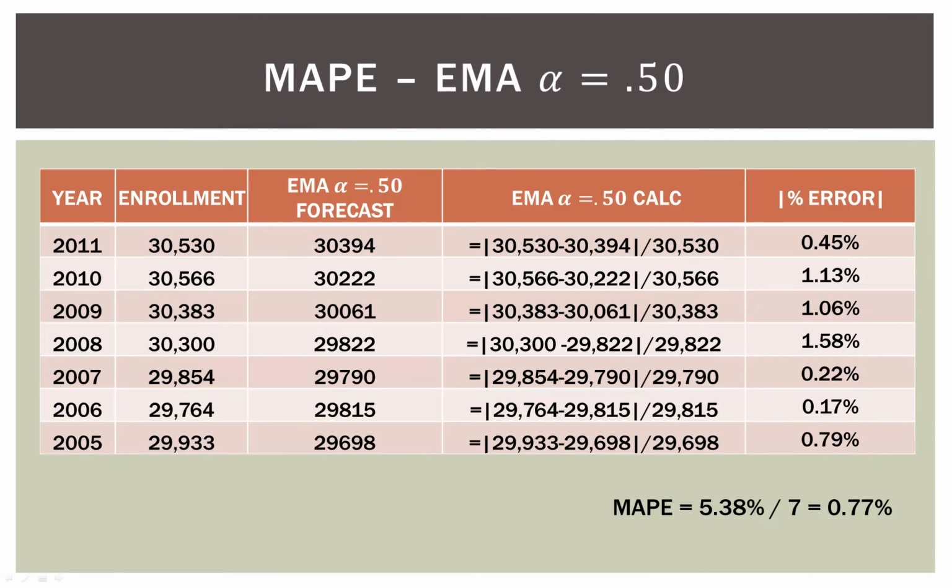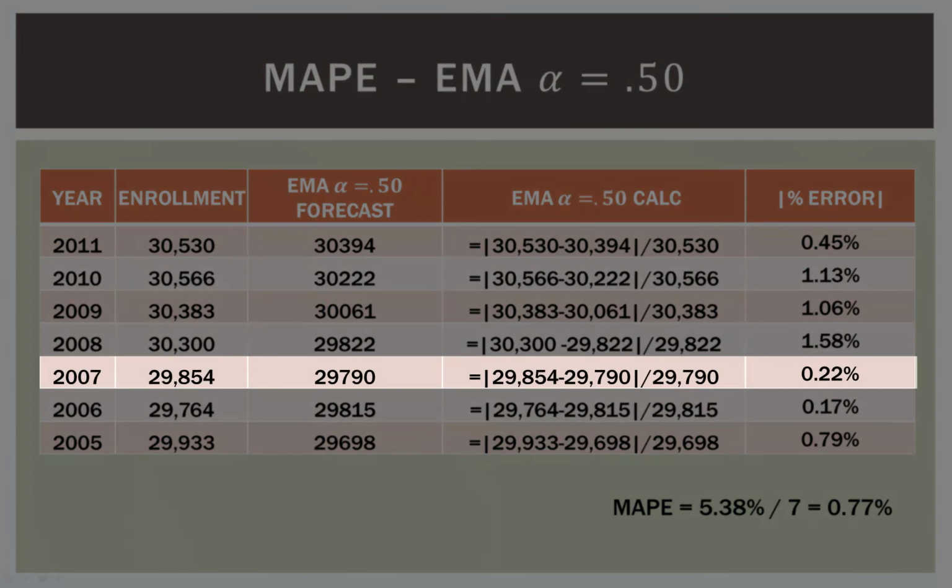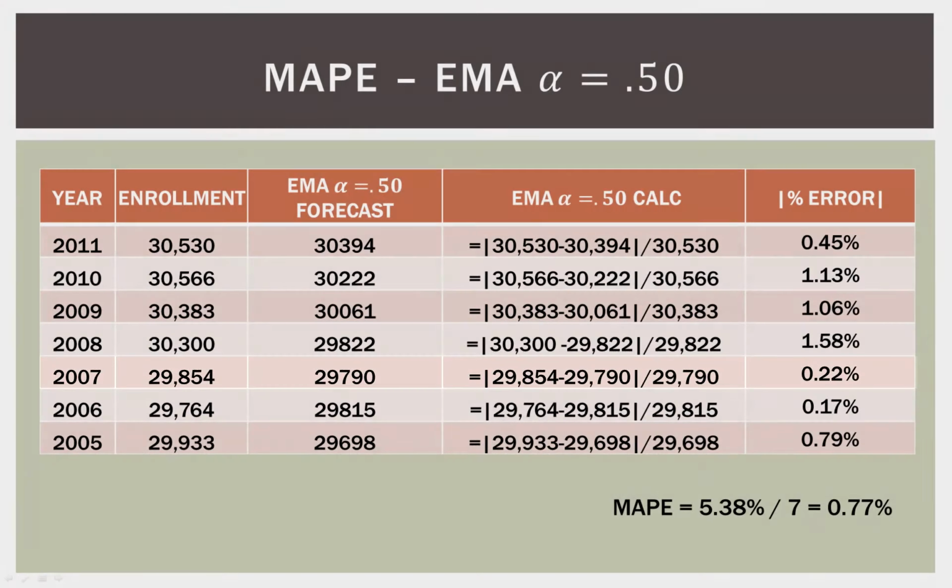So now we're going to do the MAPE, or the MAPE, which is the mean absolute percentage error, which is a fancy way of saying what percentage is our forecast off of our actual enrollment. So we have our enrollment column and our forecast column, and to find that percentage, we just take the enrollment minus the forecast, find the absolute value of that, and then divide by the enrollment.